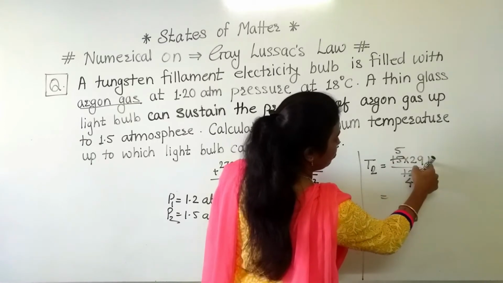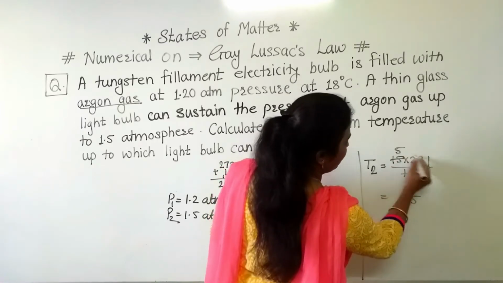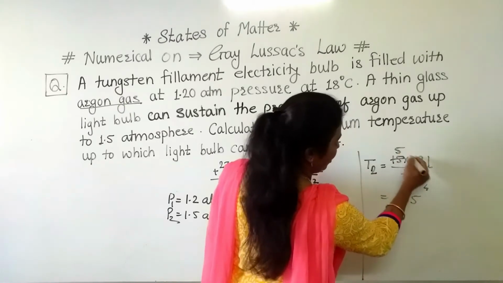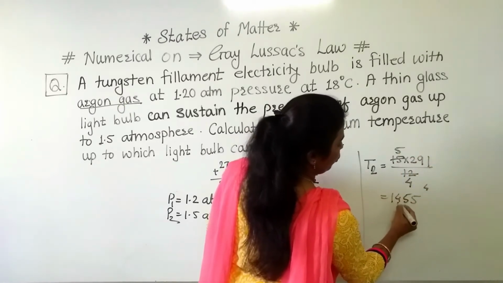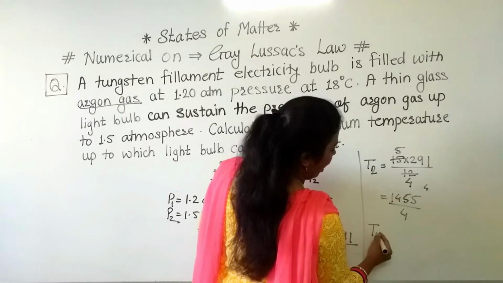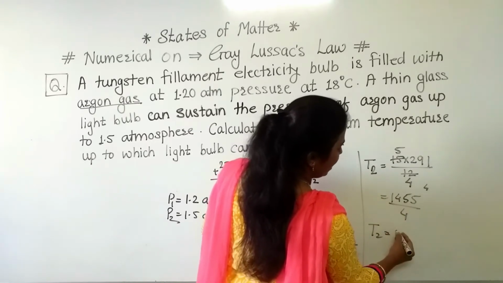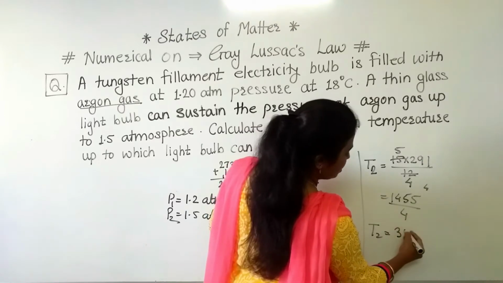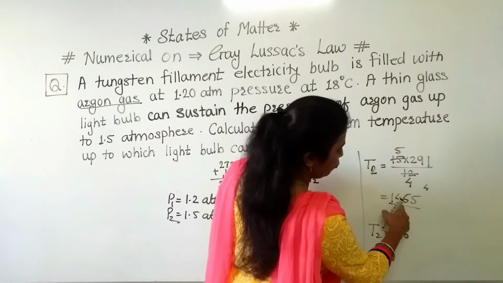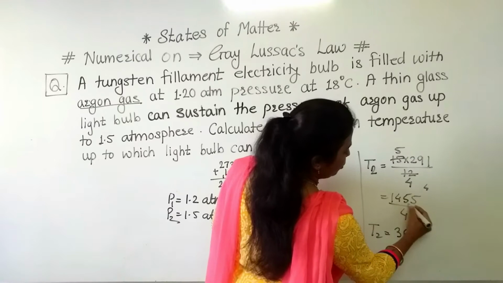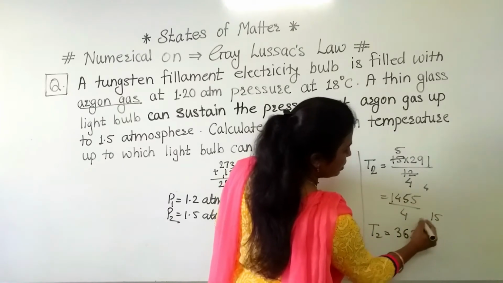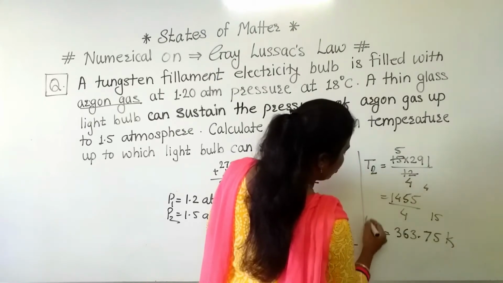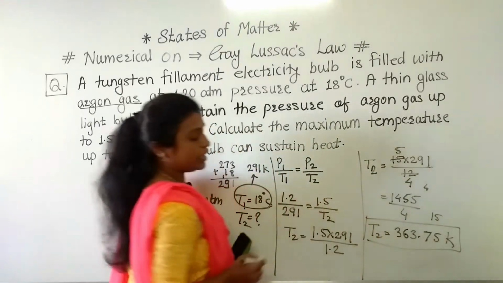So after multiplication, 5 1s are 5, 9 5s are 45, 5 2s are 10, 10 plus 4, 14, divided by 4. After this calculation we get the answer, 4 3s are 12, 4 6s are 24, after that 1 remains, so 4 3s are 12, and after that 75 Kelvin. So this will be the answer in Kelvin.